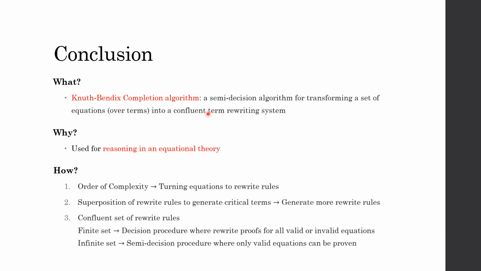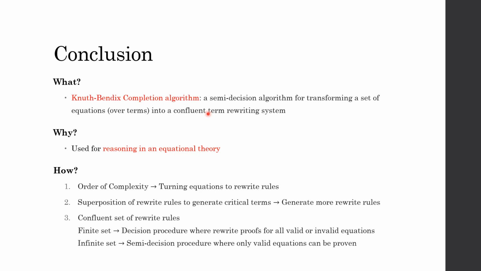So in conclusion, what we have gone through is the Knuth-Bendix completion algorithm, a semi-decision algorithm that transforms a set of equations into a confluent term rewriting system. Why is it so useful? It's used for reasoning in an equational theory. How is it done? There are three steps. Ordering of complexity will lead to turning equations into rewrite rules.